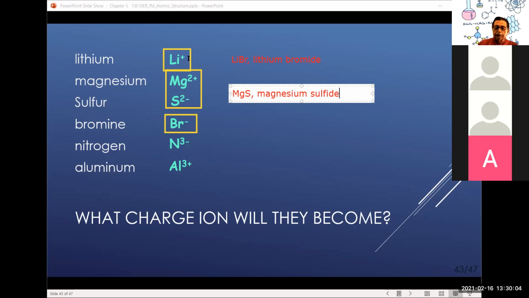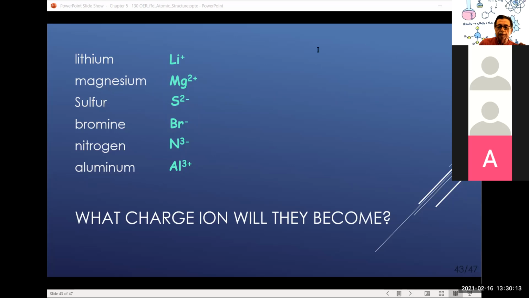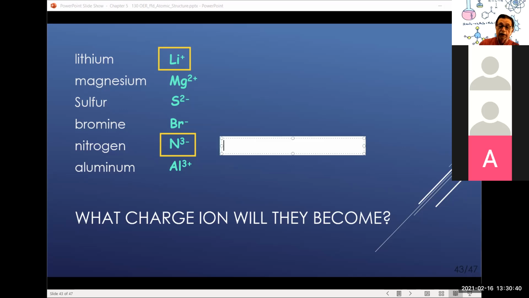Now, when we start putting together something different, let's say, for example, let me clear this up a little bit. I want to put a lithium cation with the nitride. Now, the lithium ion, the cation, has a +1 charge. The nitride has a -3 charge. So what that tells me is this. I'm going to need 3 lithiums and just 1 nitride.